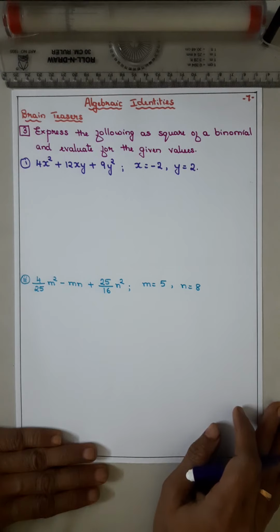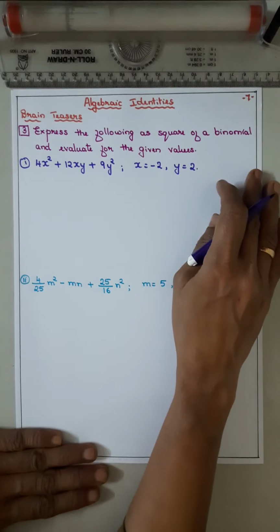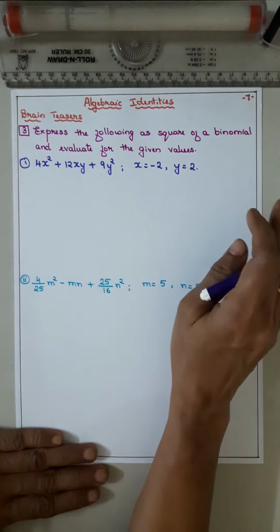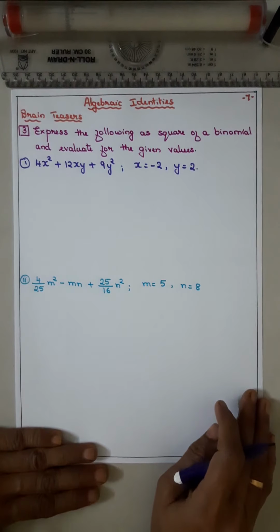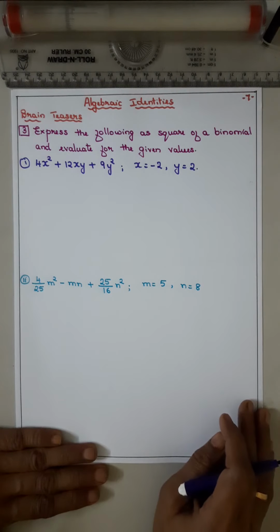Now coming to the third question of our brain teasers, the question is: express the following as square of a binomial and evaluate for the given values. Express as the square of a binomial means what? It is just like the factorization method, isn't it?